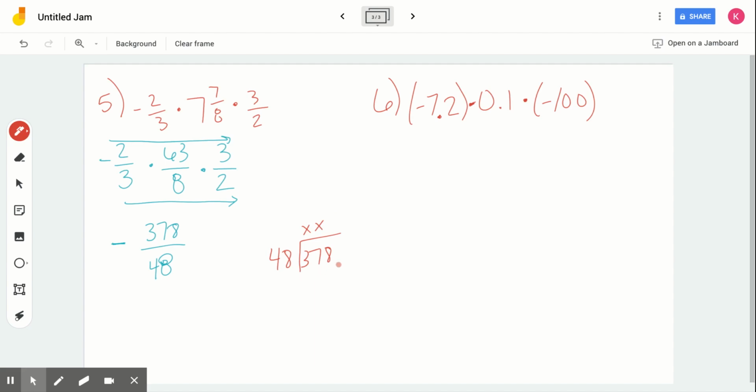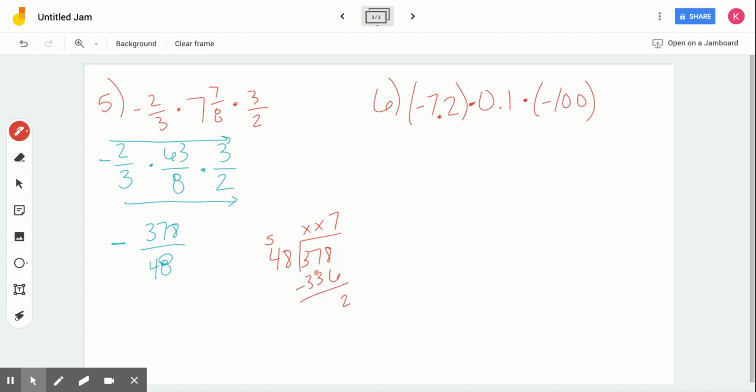It can go into 378 approximately 7 times. 7 times 8 is 56. 7 times 4 is 28, plus 5 is 33. So now I can subtract.